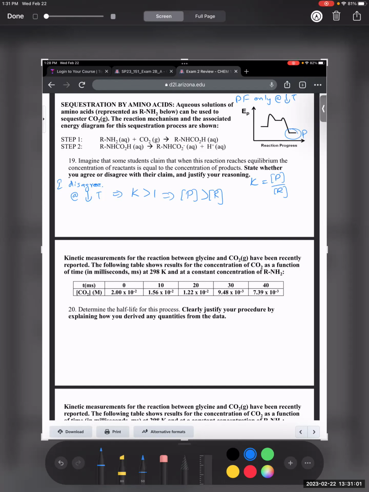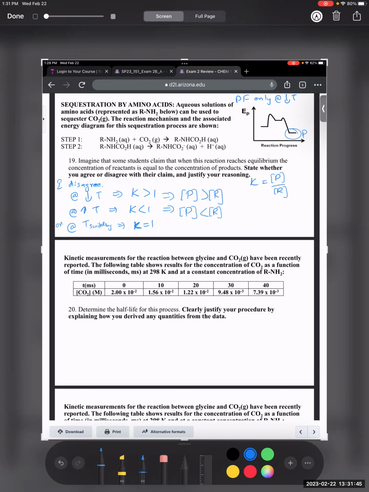But you know what, let's keep going for a little bit. At high temperatures, K is going to be less than 1, meaning you're going to have more reactants than products. So that means we're going to have less products than reactants at high temperatures. And then K becomes equal to 1 only at the switching temperature.